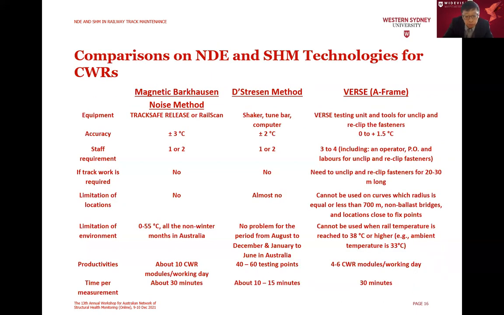Comparing these three methods, we can look at the equipment accuracy, staff requirement, track work requirement, limitation of the location, limitation of the environment, productivity, and time per measurement.